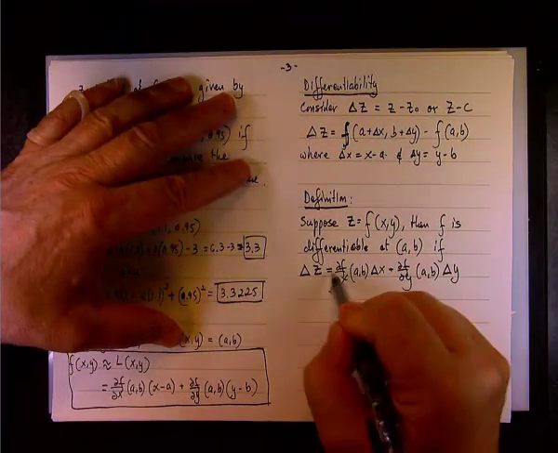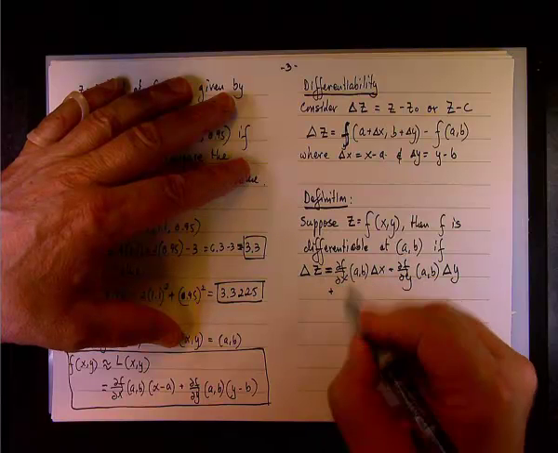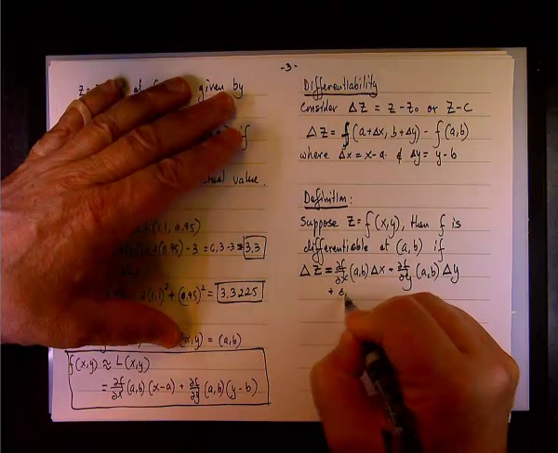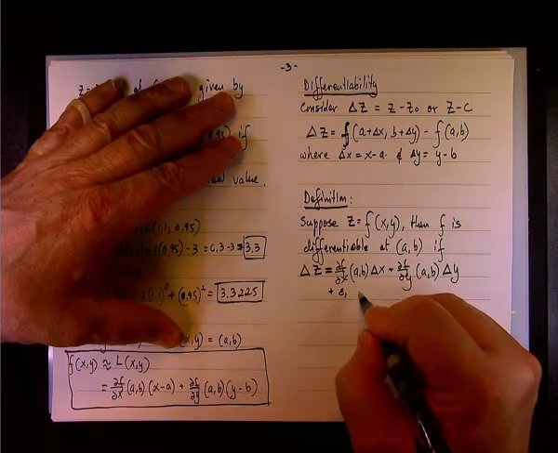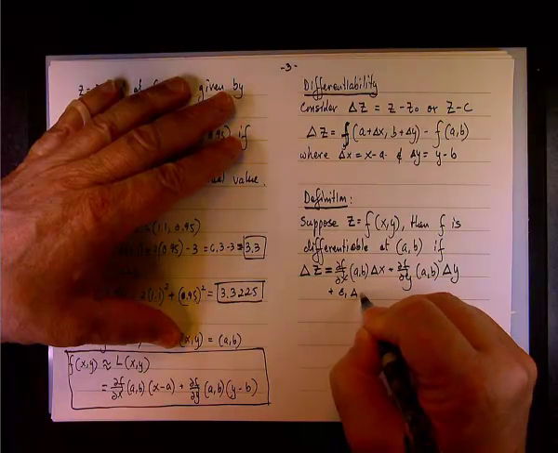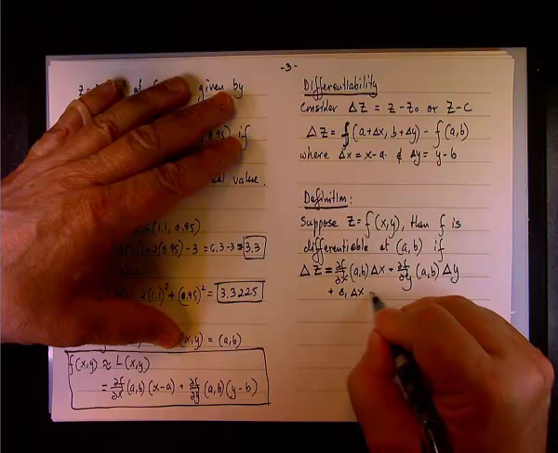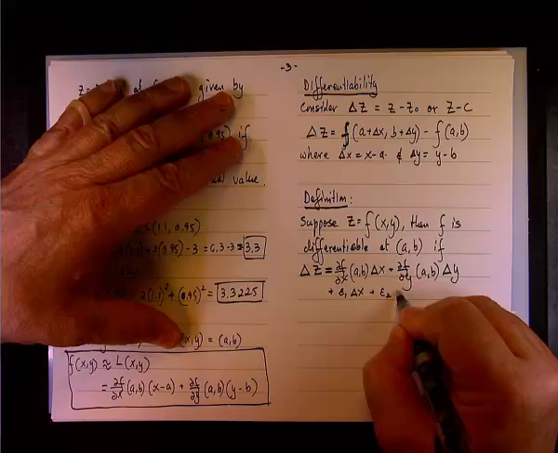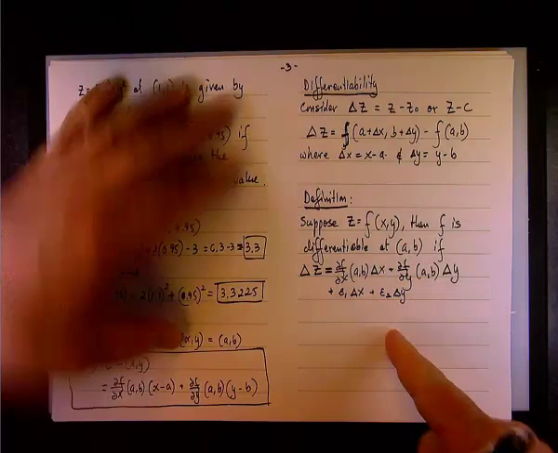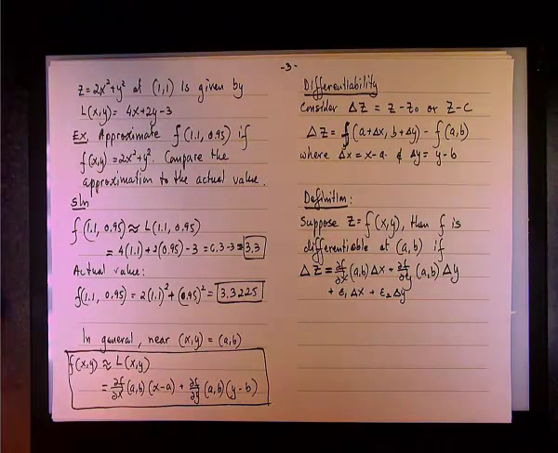This is an approximation. So, in order to make up for the equal sign, we need to include two error components. Epsilon 1 will be multiplied by delta x, so x minus a, and epsilon 2 will be multiplied by delta y.